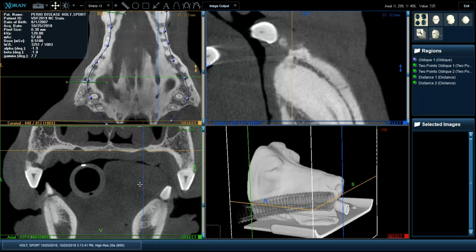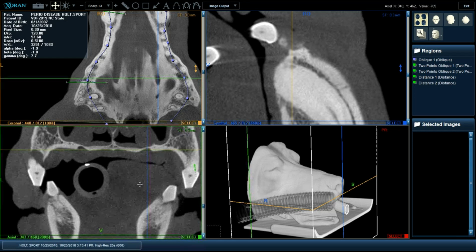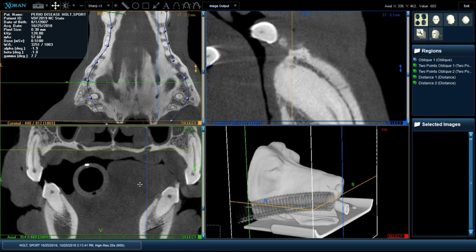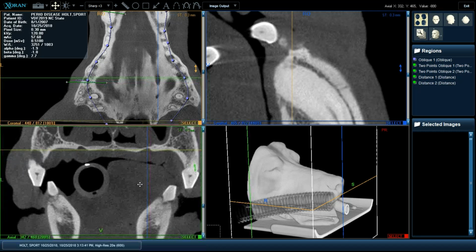And if we're not sure, we can compare with the opposite side, which will give us a good feel for what to expect if it was normal. And here we have significant buccal bone loss. This is buccal, this is palatal. And as we make our way more distally, we can visualize the amount of bone loss around this root.